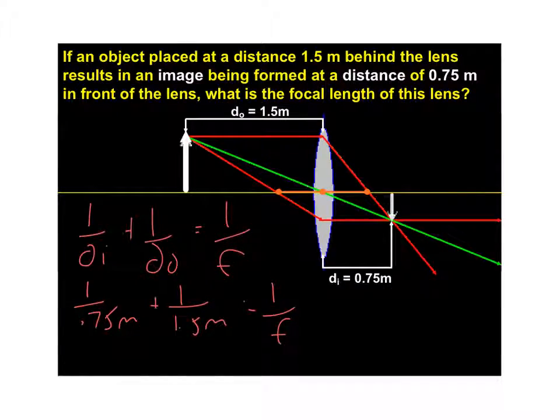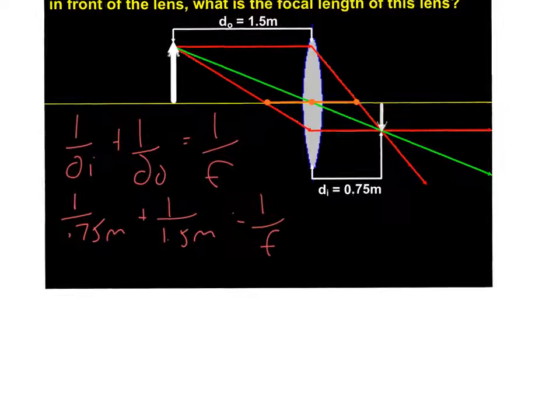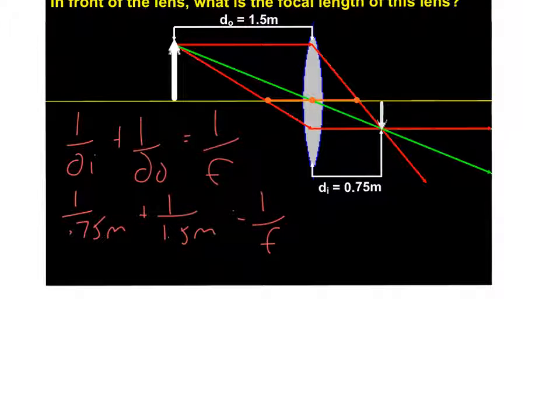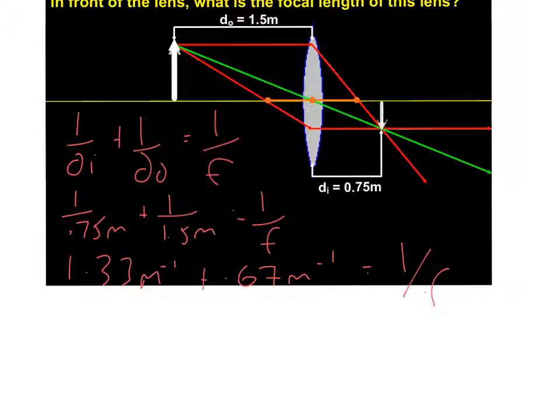So when we're doing that, what we're going to simply do here, in my calculator, I do 1 over 1.75, and that is, let's see, when I punch it in, I get 1.33 inverse meters, plus 1 over 1.5, which is 0.67 inverse meters, and that's equal to 1 over f.